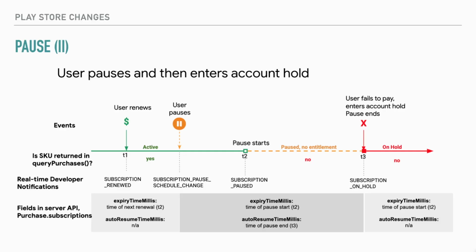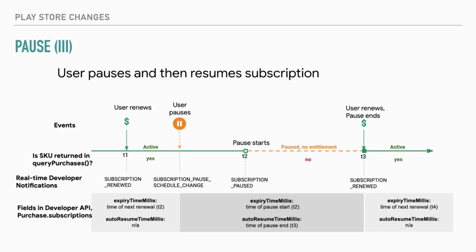And then at T3, they might not pay after their pause. And then the user's account automatically falls into on hold. So you have another kind of forced pause at the end of that. And you can see in that bottom line how there are various notifications being sent to your backend. And that's why for these kind of flows, you really need to have these real-time notifications.